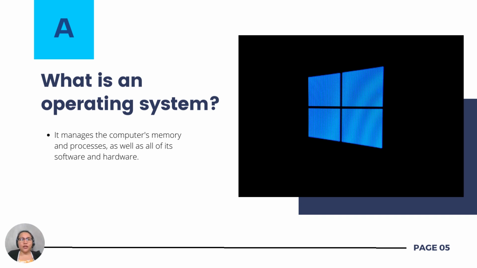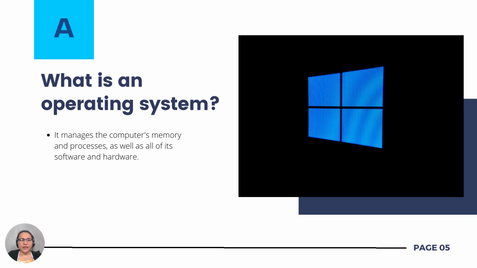Those are the machine language that can be understood by your computer. But with the use of your operating system, you can communicate with your computer without knowing how to speak their language. And because of this, without an operating system, your computer is useless.